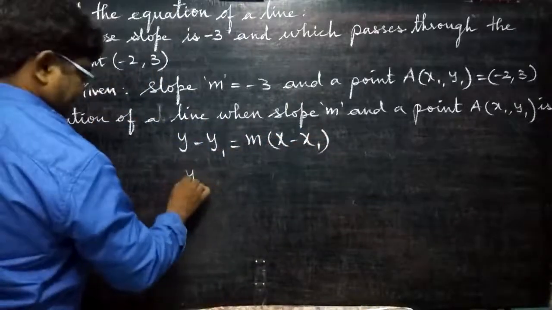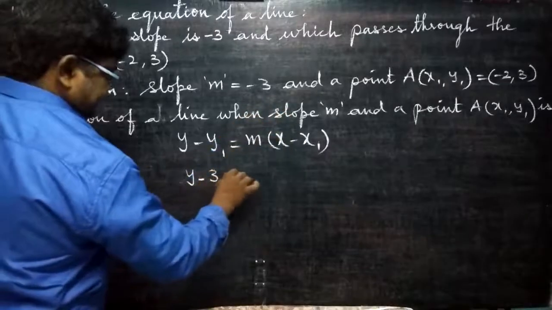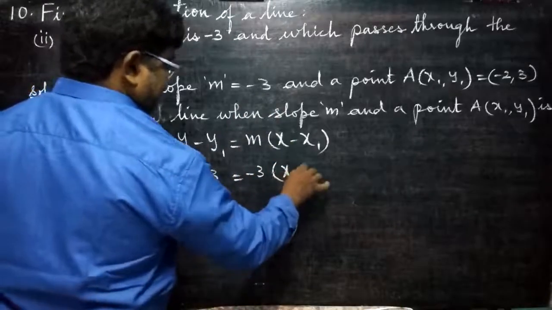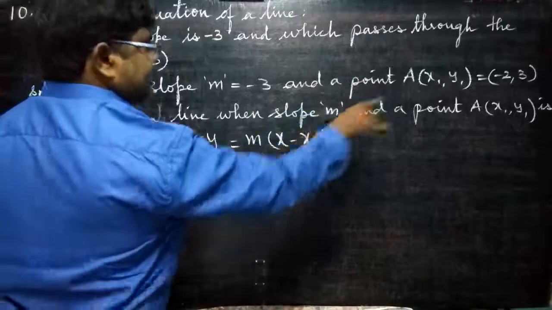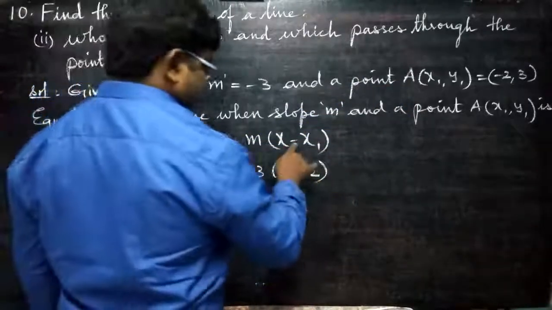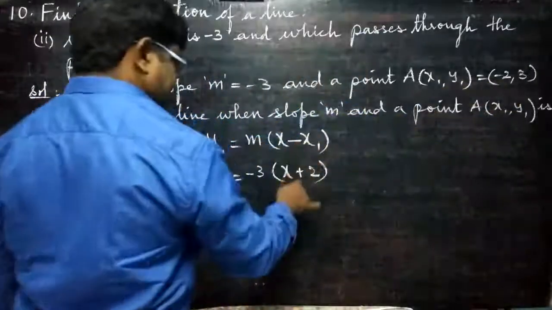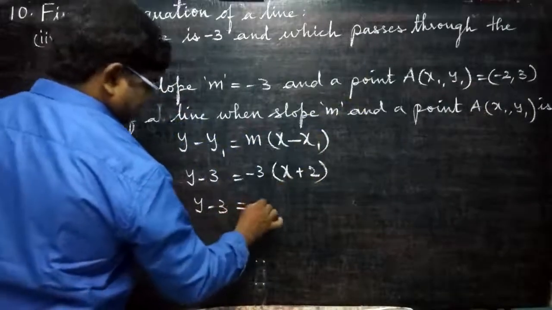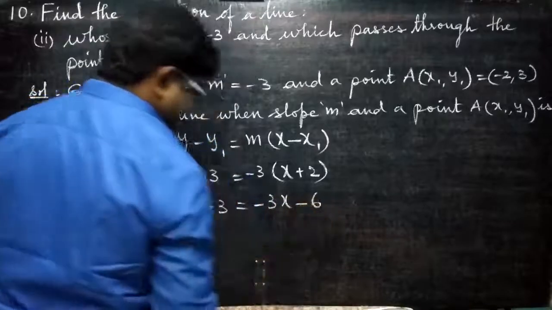Now y minus y1, in place of y1 we have 3, is equal to m, which is -3 here, into x minus x1, where x1 is -2, so minus into minus is plus 2. So y minus 3 is equal to -3x plus 6.